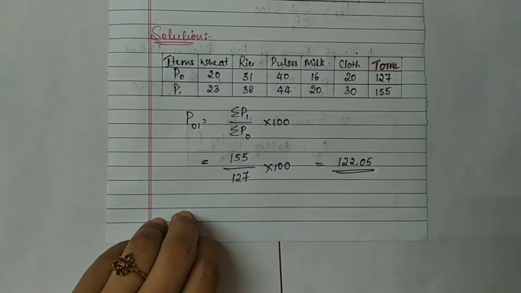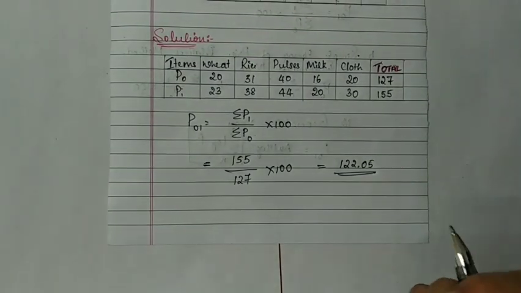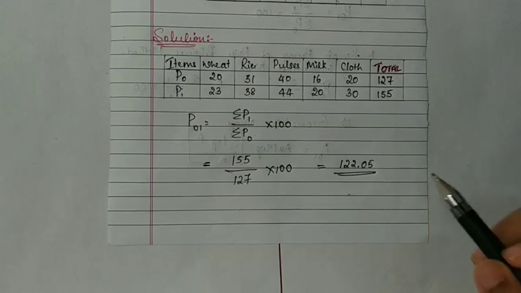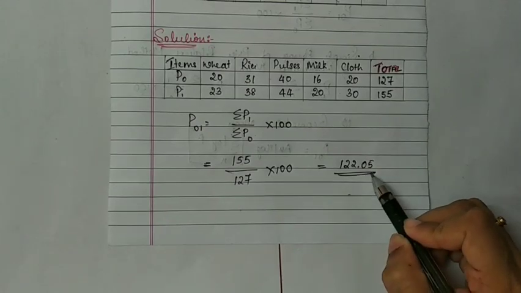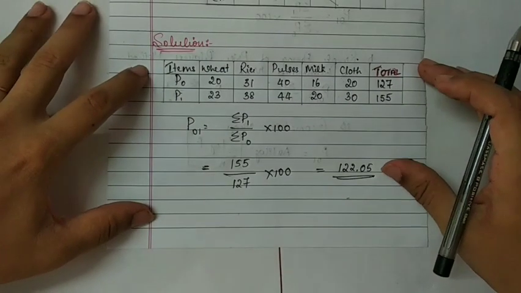They asked to comment also, right? So what is the comment now? You can write: prices in 2012 increased by 22.05 as compared to 2011. So that's all about the first problem.